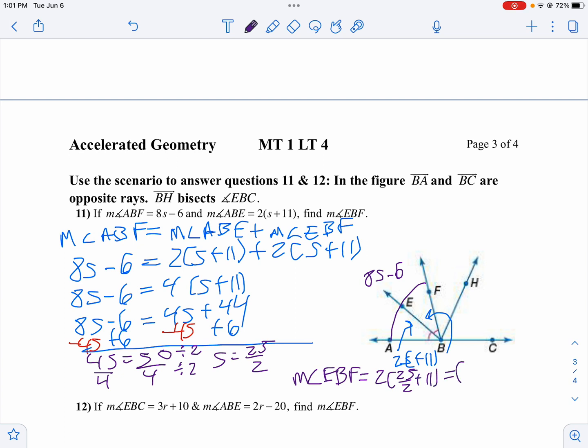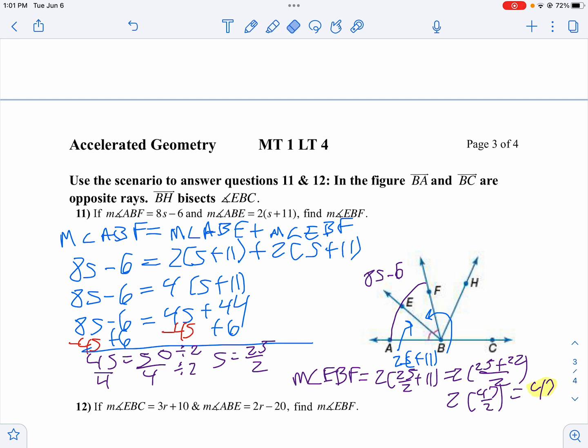Well, that's 2 times 25 plus 22 over 2. Ran out of room here. So that would be 47 over 2. So 47 is the measure of angle EBF. Make sure you circle that because we had a lot of work to do in this problem.